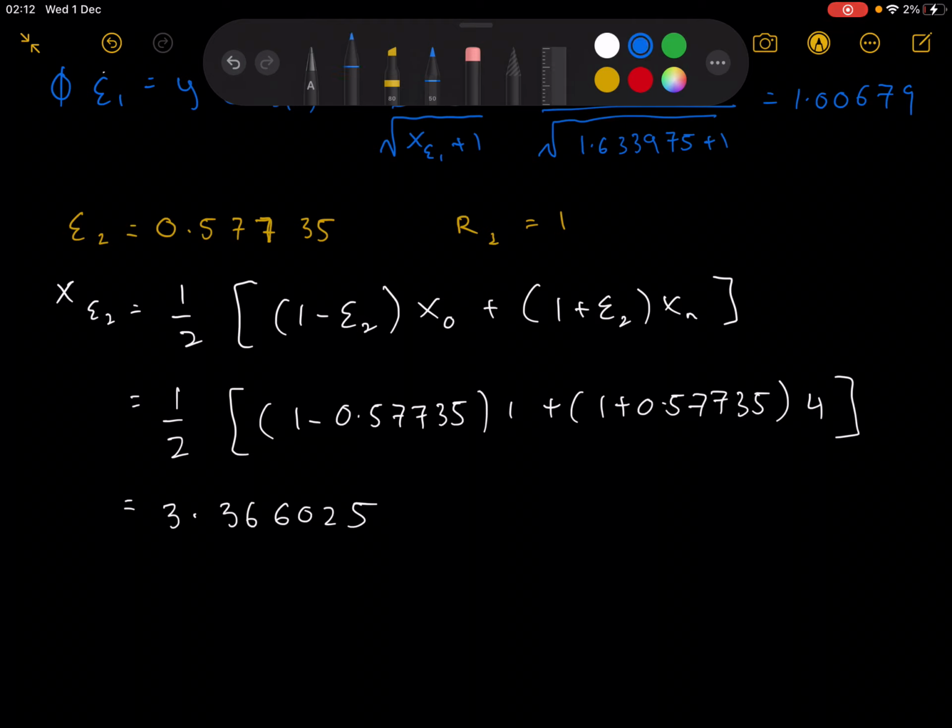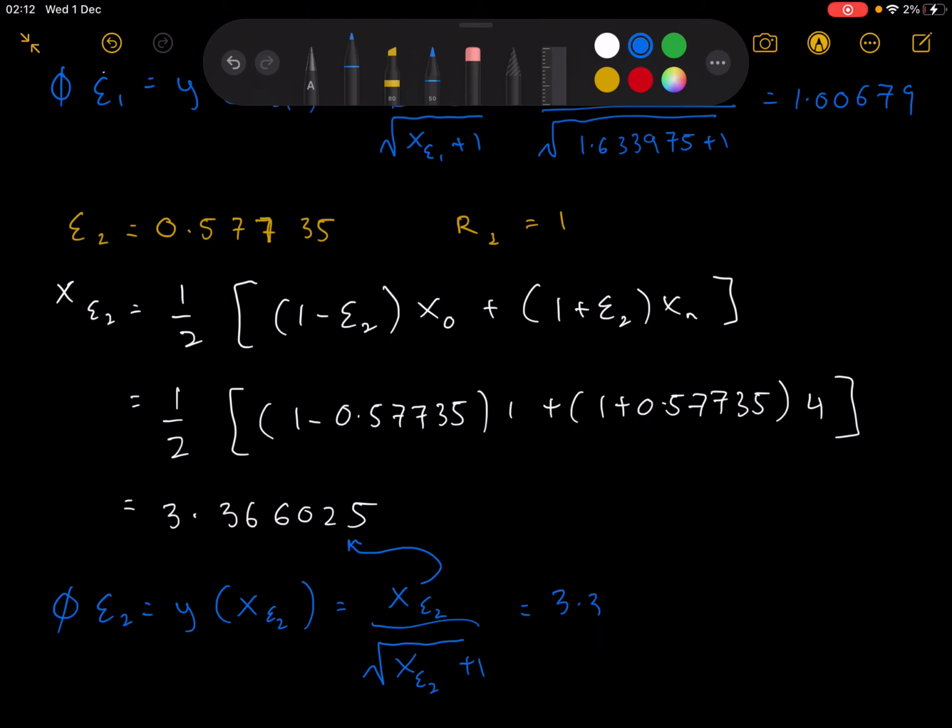Next, we need to determine the phi zeta 2, which can be known as y x zeta 2. So call back the function and it will become x zeta 2 over square root x zeta 2 plus 1. So this value is corresponding to here.